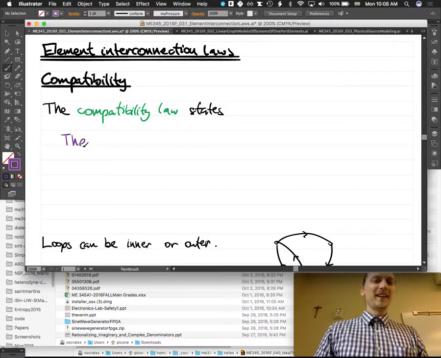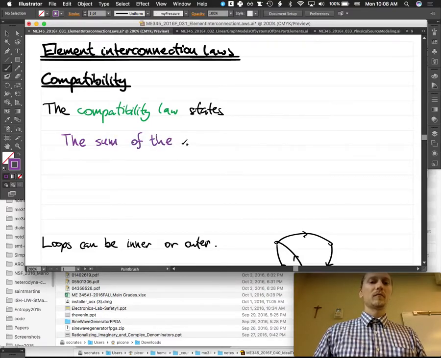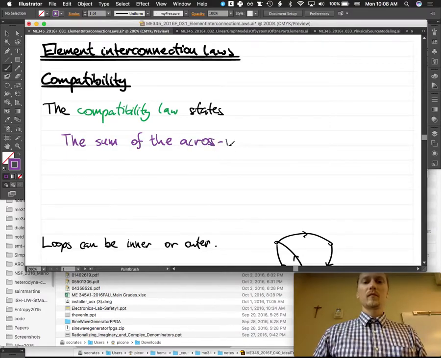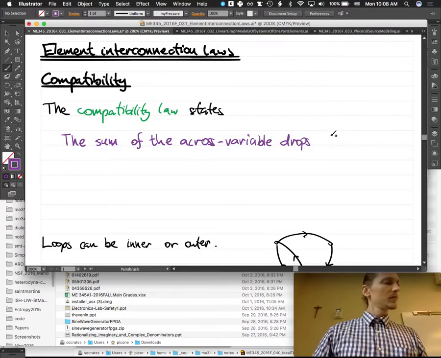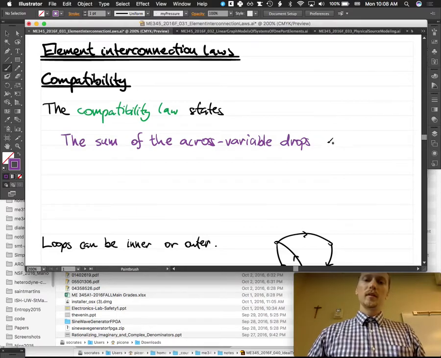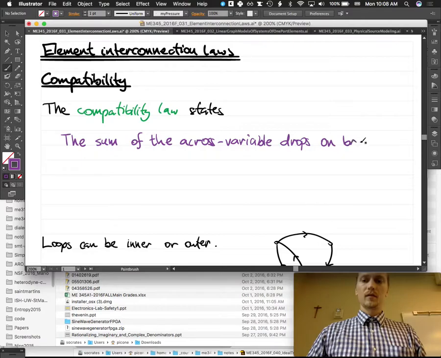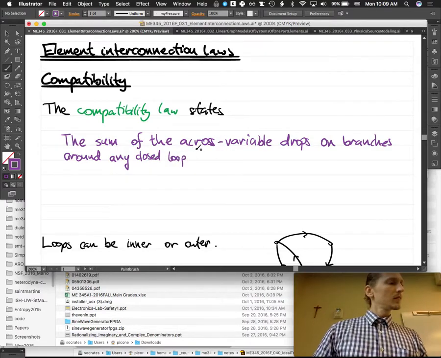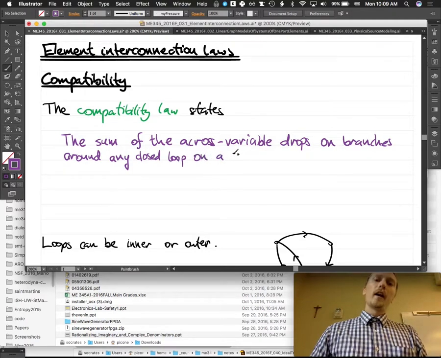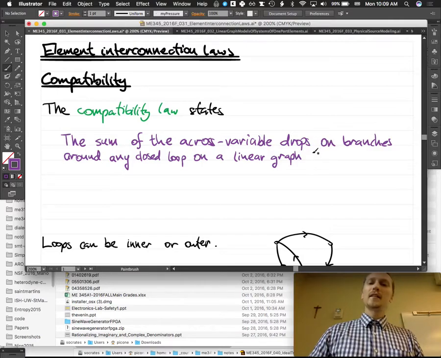Alright. So the compatibility law states that the sum of the across variable drops on branches around any closed loop, pretty obviously on a linear graph, because that's what we're all about right now, is identically zero.